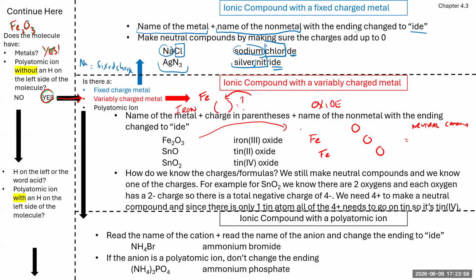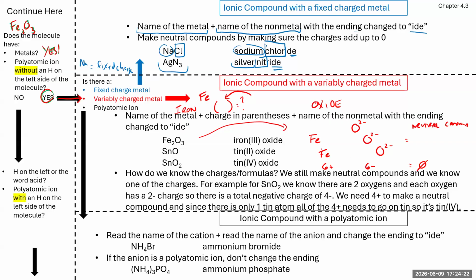Okay, we know that oxygen is always 2 minus because oxygen is a fixed charge ion. So here we have a total of 6 minus, right? To make a neutral compound, we need 0 to add up to 0. So here we have a 6 plus, right?